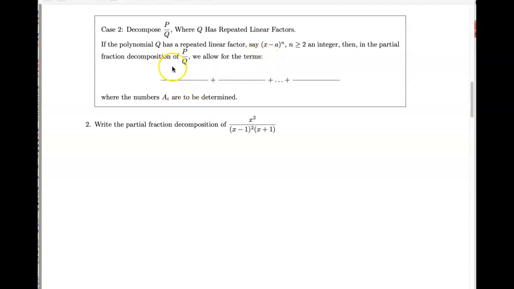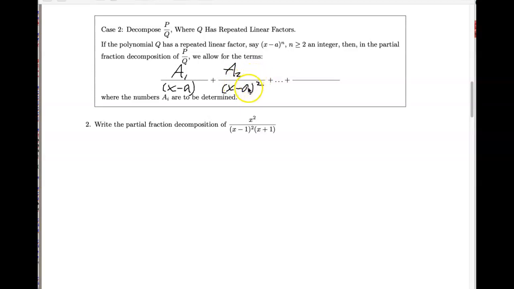your partial fraction decomposition would be set up like A sub 1 over x minus a. Sorry, we don't need the a sub 1 here, it's just x minus a, because that's the factor. And then it's going to be A sub 2 over (x minus a) quantity squared.